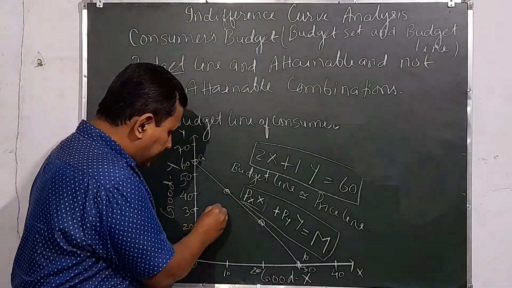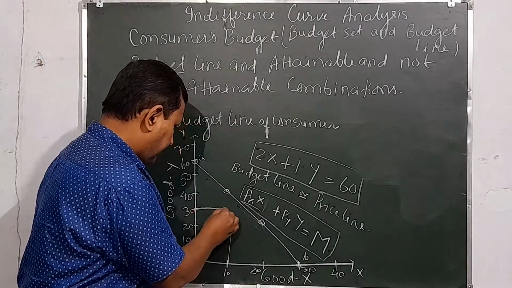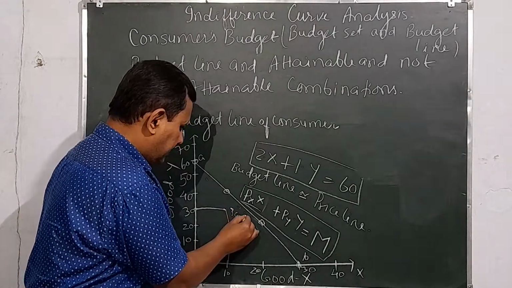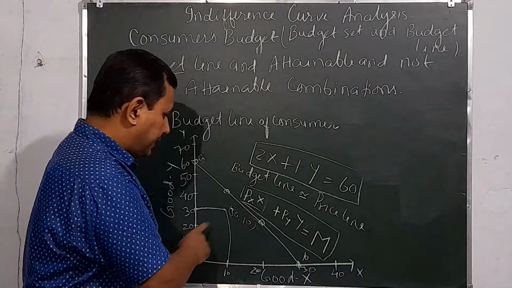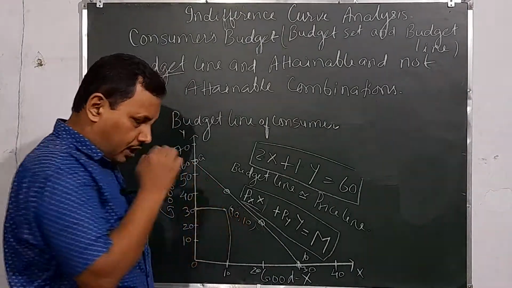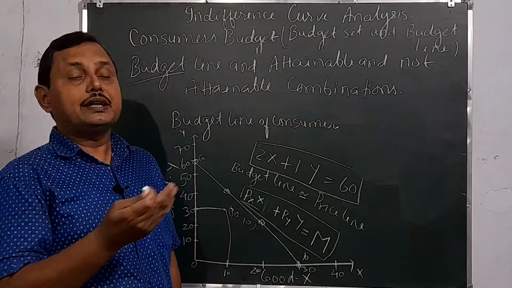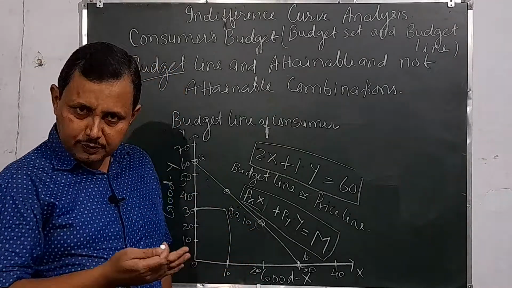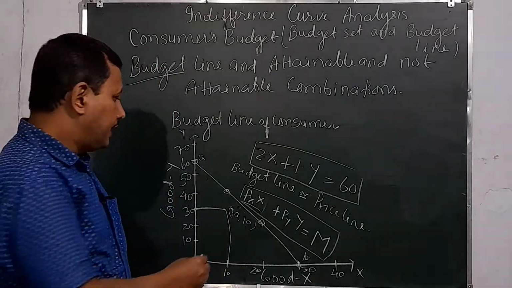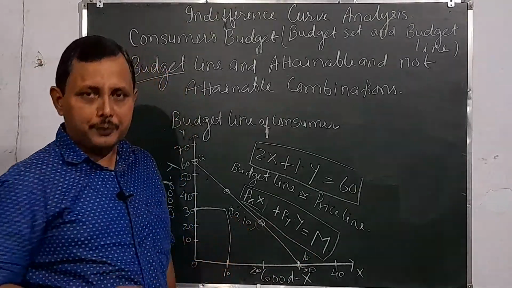If any point is inside, like this one, 30 and 10, 30 units of good y will cost rupees 30 and 10 units of good x will cost 20 rupees. 30 plus 20 equals 50, and the consumer budget is rupees 60. So the consumer can purchase this combination.